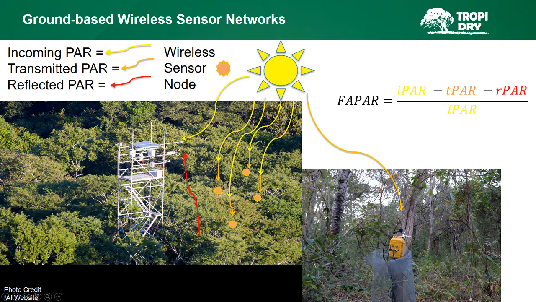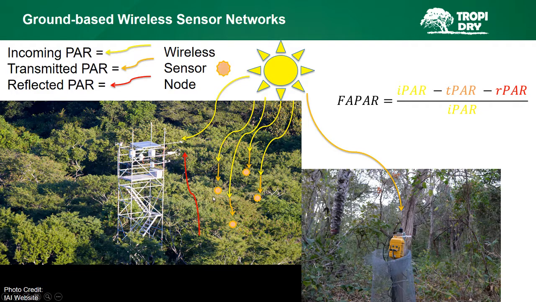And then if you have sensors in multiple locations around the tower or within the footprint of the tower with these PAR sensors, you can get the transmitted PAR, or the amount of radiation that has penetrated the canopy and actually made it to the understory.